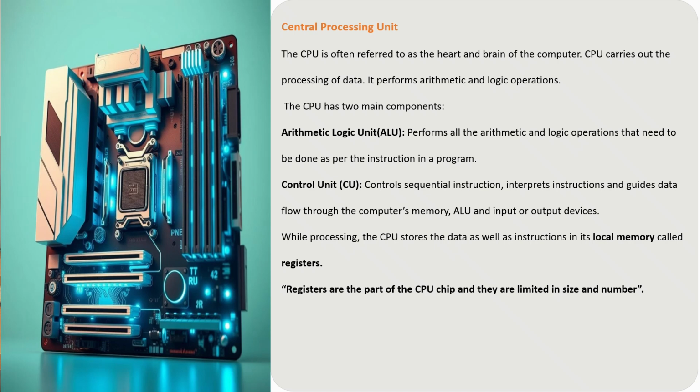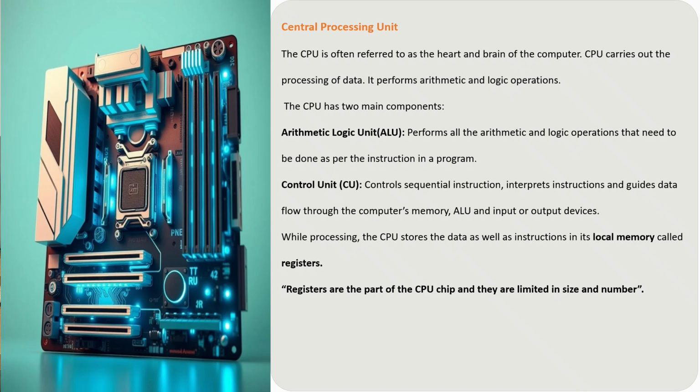During processing, the CPU stores the data as well as the instructions in its local memory. That memory we call registers. So what is a register? Registers are part of the CPU chip and are limited in size and number. During processing, the CPU utilizes the registers to store a limited amount of data and instructions.